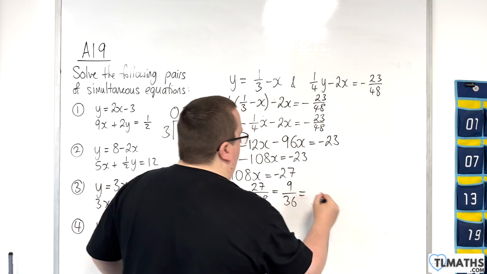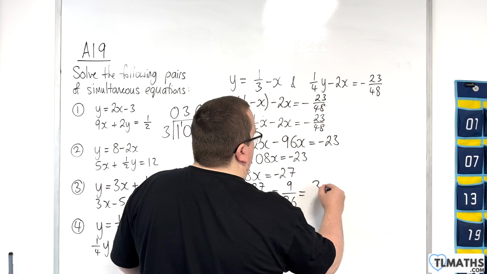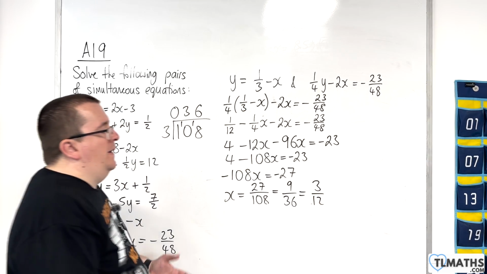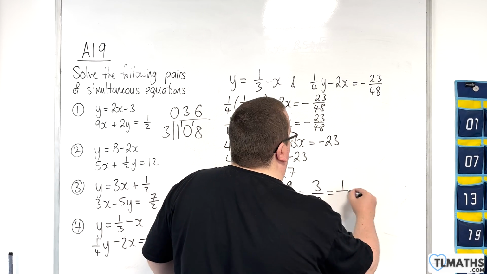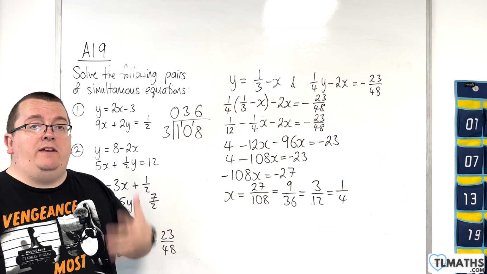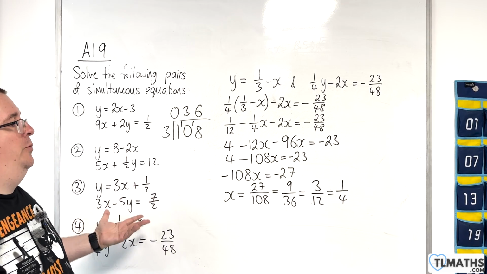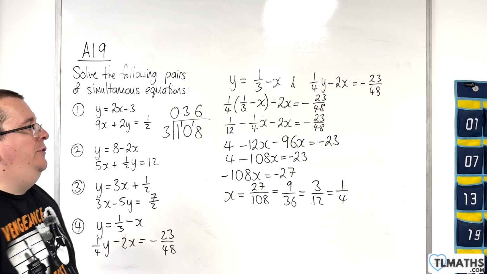So 9 over 36. Now 9 and 36 are both divisible by 3, so that's 3 over 12. In actual fact, they're both divisible by 3 as well, so that's 1 over 4. So if you'd spotted that 27 goes into 108 4 times perfectly, you could have got to a quarter straight off. Okay? So we've got x as a quarter.